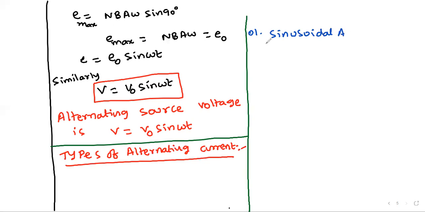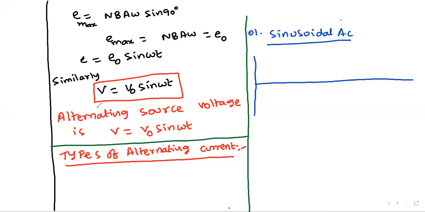That means either voltage or current will be in the form of a sine curve. Here we got the equation V equals V naught sin omega t.